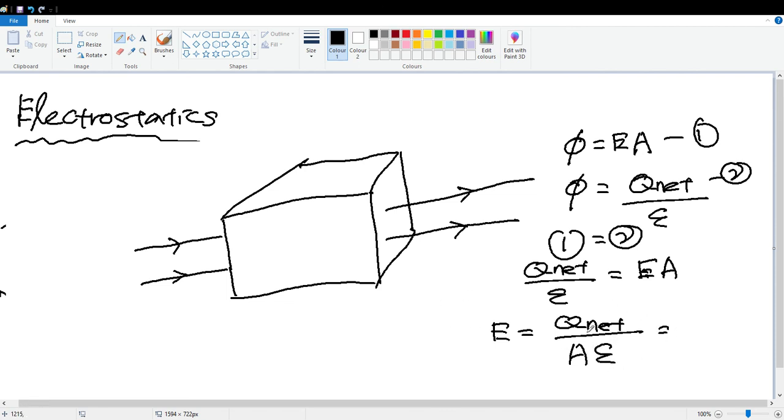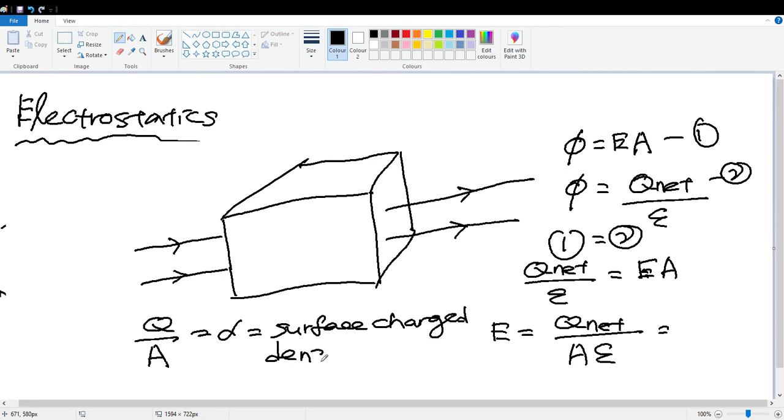So what I have here, Q over A, is another new quantity, which is sigma. This sigma represents the surface charge density of the charge plate.